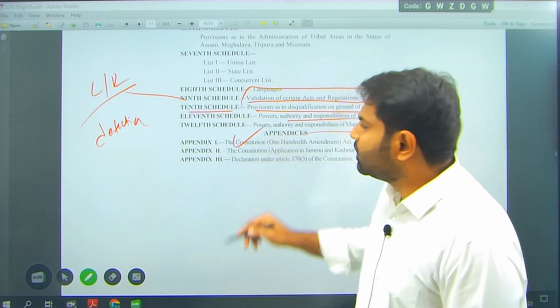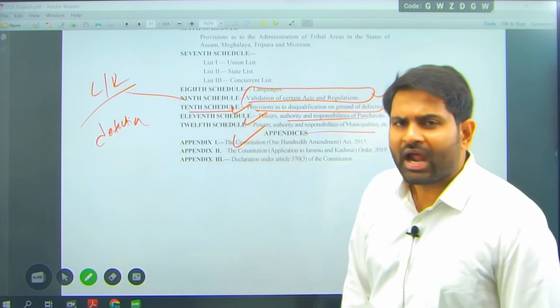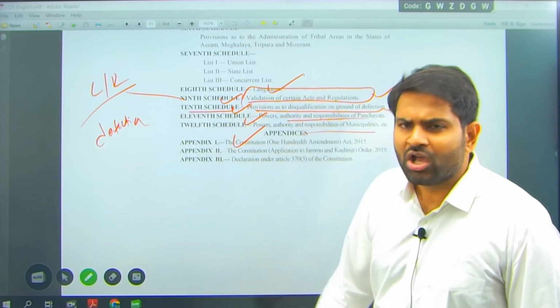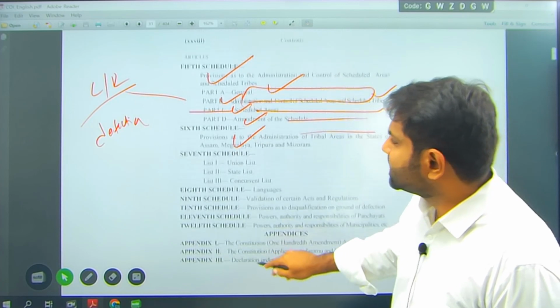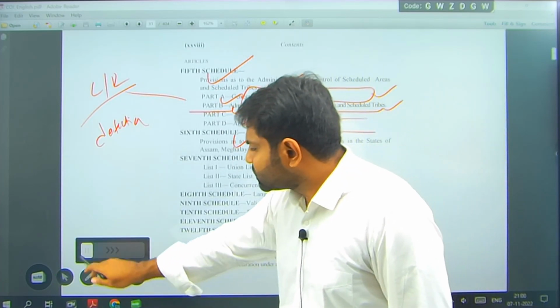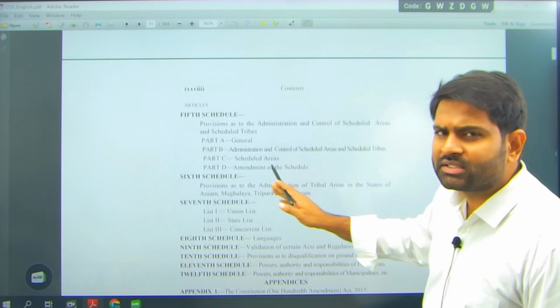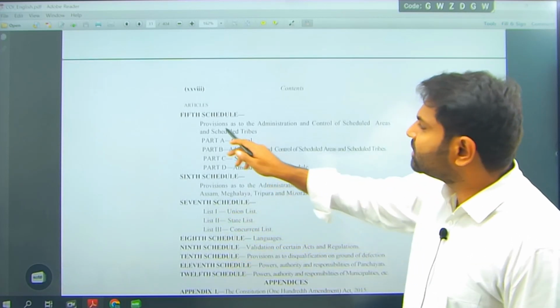We have 12th schedule municipalities, 11th schedule panchayats, 10th schedule anti-defection law, 9th schedule land reforms, 8th schedule languages, 7th schedule division of powers, 6th schedule ATM square, and 5th schedule the administration of tribal areas, scheduled areas apart from ATM square. Except ATM square, all others are in the 5th schedule.